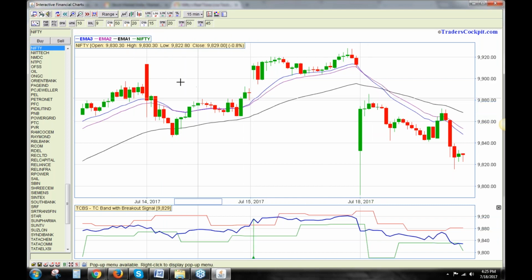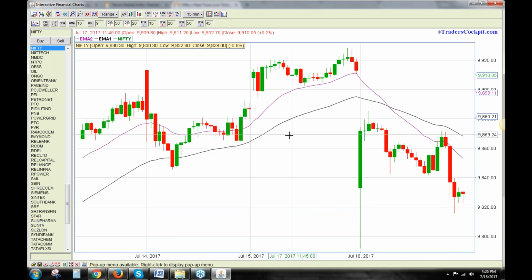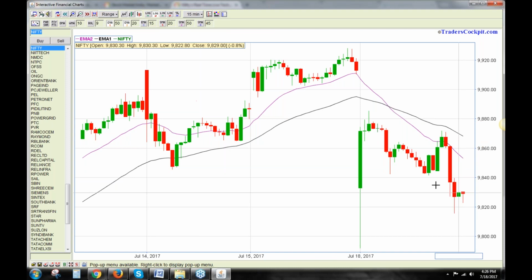And then do a manual check. Here, I have applied this EMA 50 and EMA 20. The purple line here is my EMA 20 line, and the black line here is my EMA 50 line, which I've applied on a 15-minute time frame on Nifty. This is the price movement for Nifty, which closed today somewhere around 9,829.